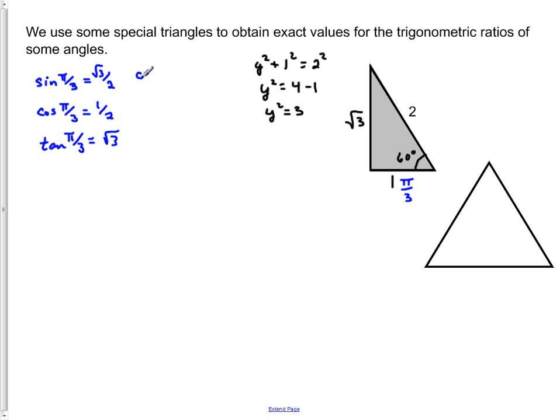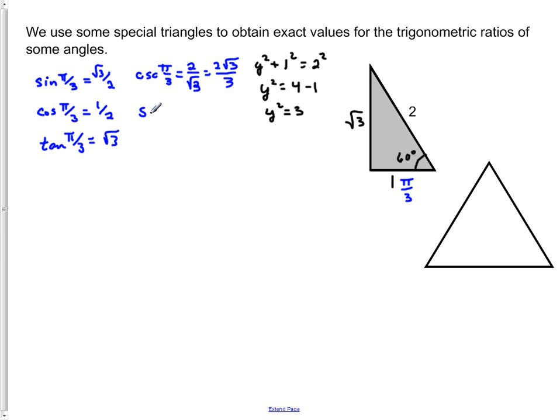I can also very quickly find my cosecant of pi over 3. Doing so, I take my hypotenuse over my opposite side, which is 2 over the radical 3, or in rationalized form, 2 radical 3 over 3.